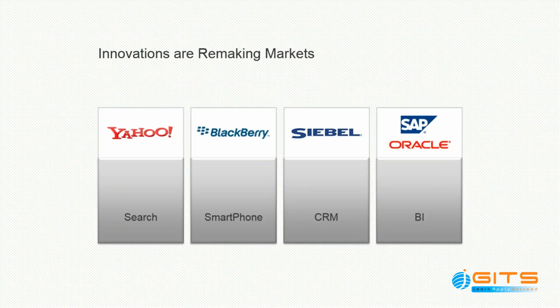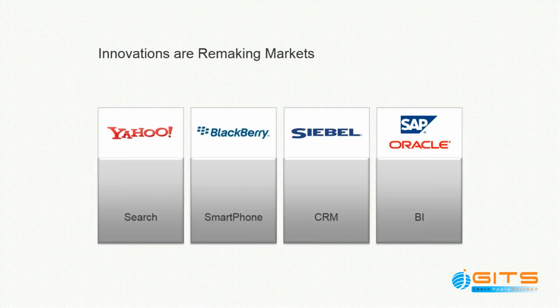Another scenario we can see is that there has been a lot of change in the technology area. Yahoo was the leader in web search. BlackBerry was the leader in the smartphone arena. Siebel was the king in the CRM space, and SAP and Oracle were both regarded as the BI kings.